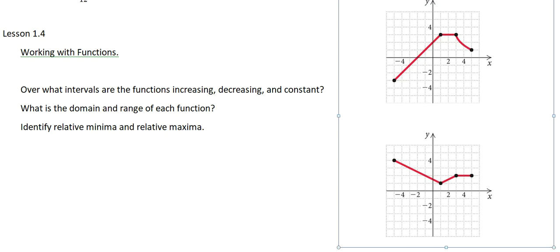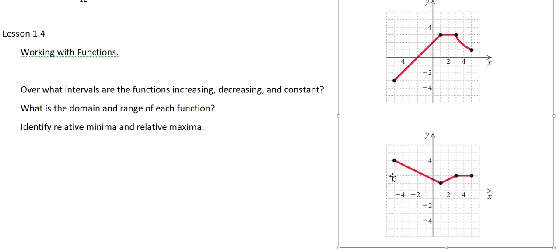Okay, so let's use what we've learned, and let's talk about increasing, decreasing, and constant for the second graph. All right, so I'm going to take a look here. Here's this first section. Is this function over this interval increasing or decreasing? And then what is the interval? Give you a moment.